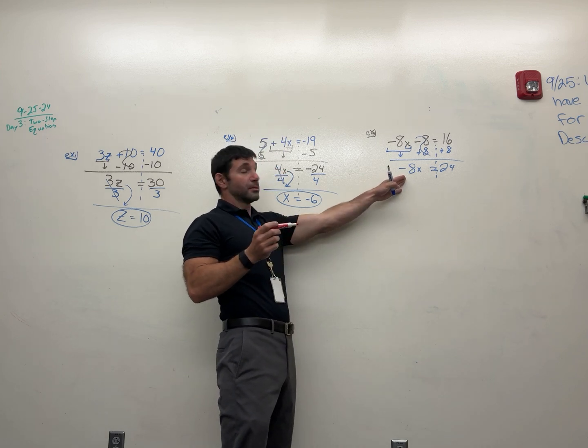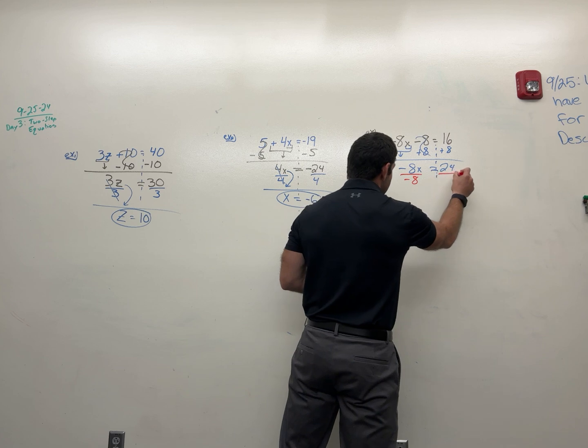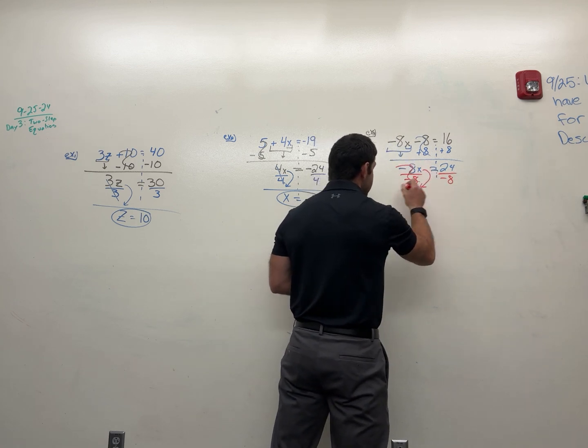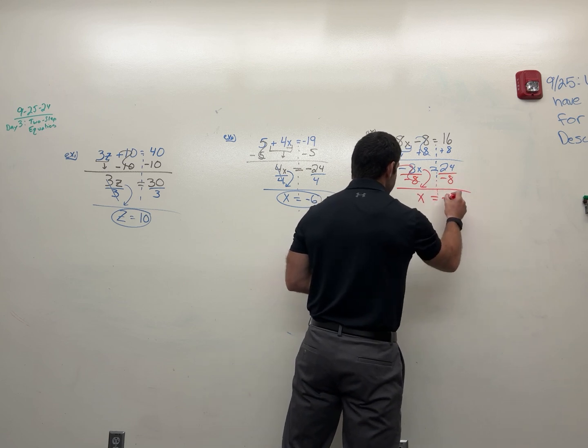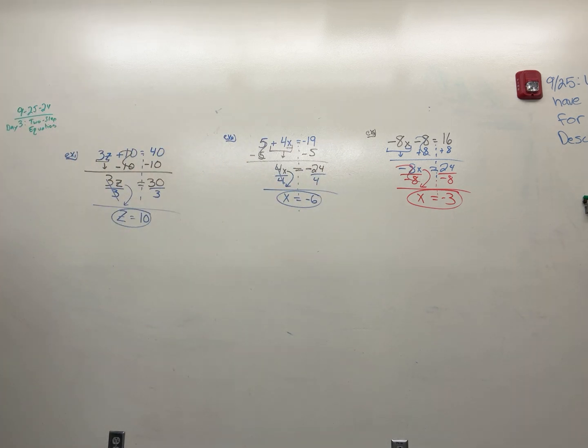By negative 8, you have to include the sign. Negative divided by a negative is positive. 8 divided by 8 is 1. That leaves me 1x equals negative 3. Okay?